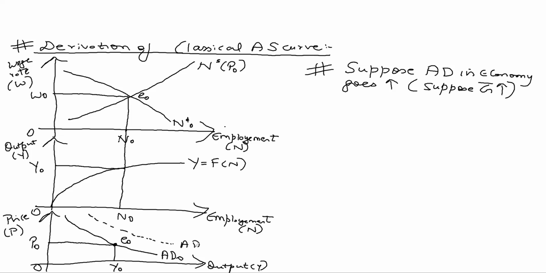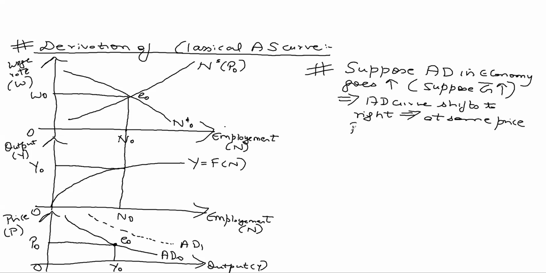So what will happen? This implies the AD curve shifts to the right, which implies at the same price P0, there is excess demand. There is excess demand for goods. How will the firms meet this excess demand?